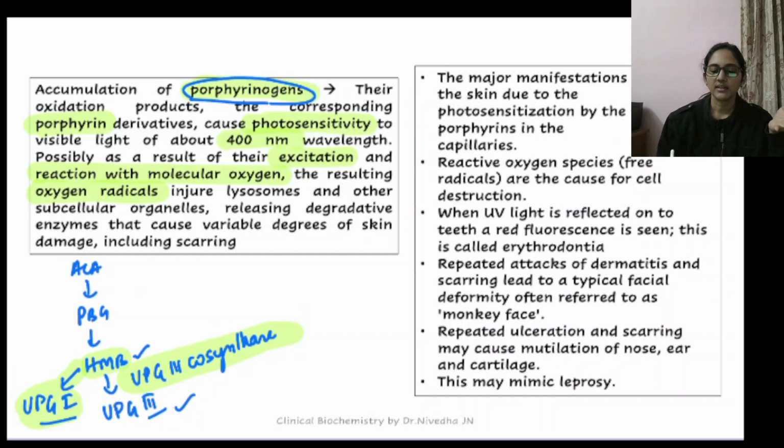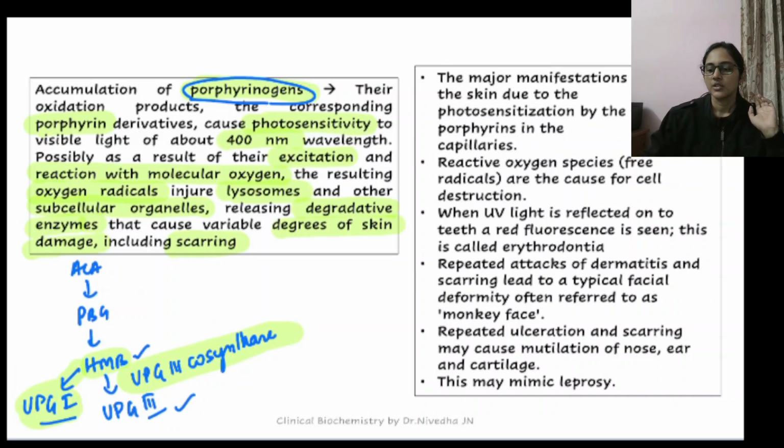The resulting radicals will injure your organelles inside the cell and lead to release of lysosomal degradative enzymes, and that is responsible for the various skin damage including scarring. So this is the reason for your photosensitive or cutaneous manifestations and scarring.